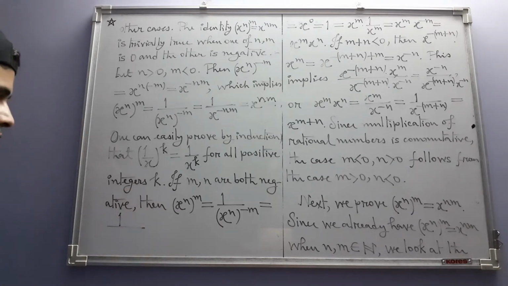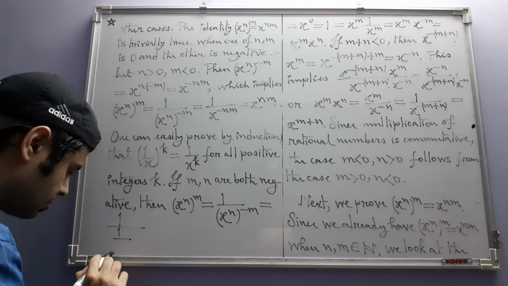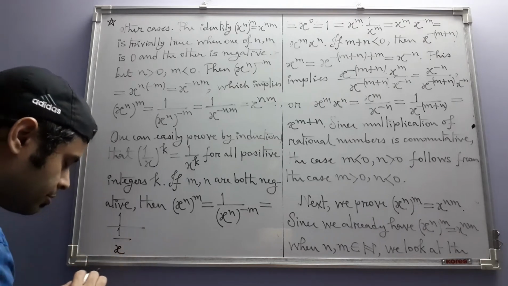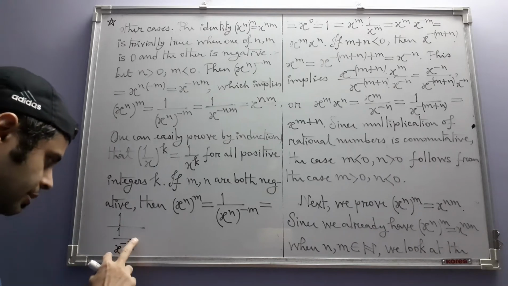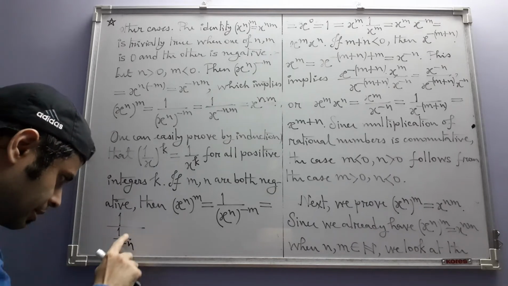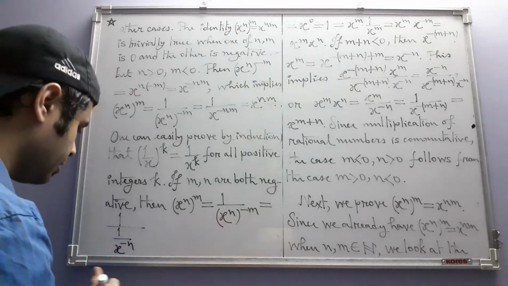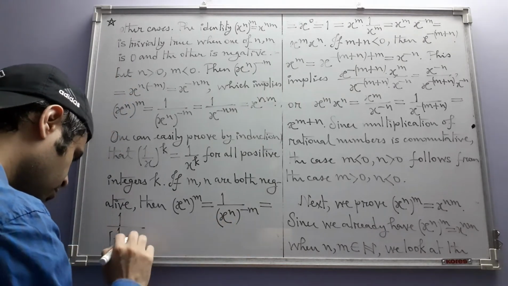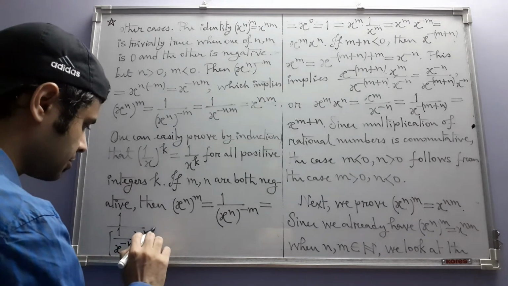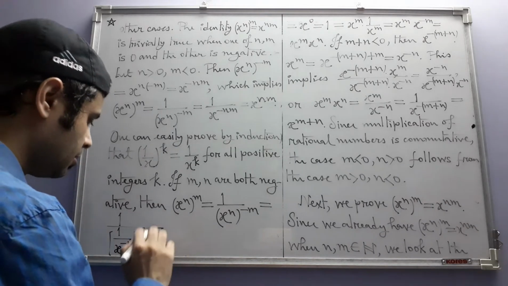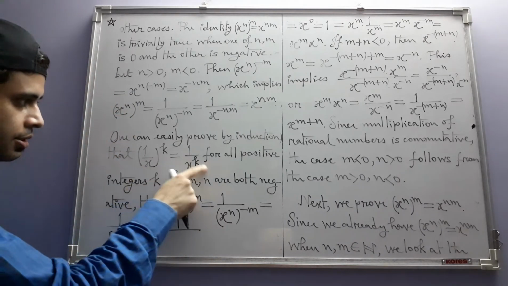Shall I be able to write it neatly here? That is the question. x to the power minus n. By definition, the term in the denominator, this whole thing is equal to x to the power n whole to the power minus m. Now we are going to use this thing.